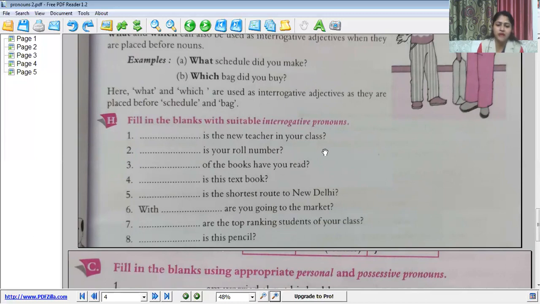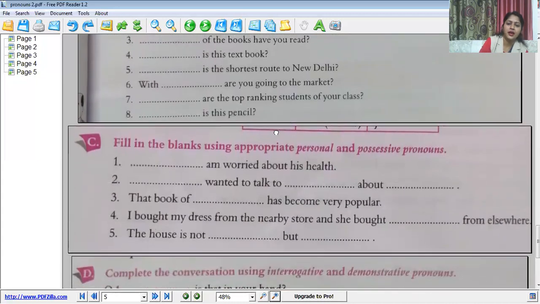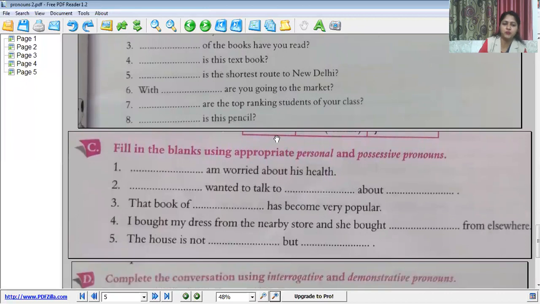Now I'm going to give you another short exercise, revision of personal and possessive pronouns. You have to use personal and possessive pronouns here. Dash am: whenever you have am, you will use personal. I am worried about his health. Dash wanted to talk to dash about dash.